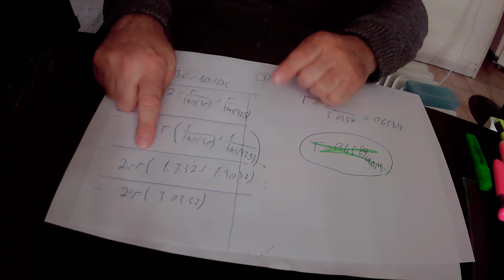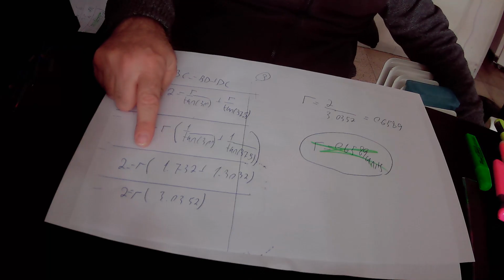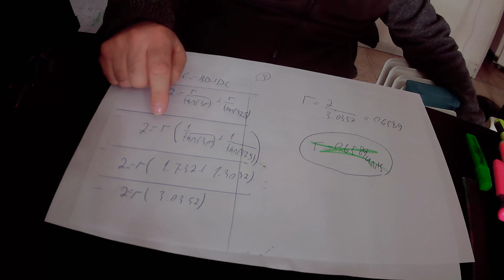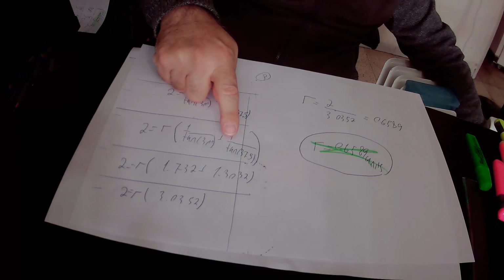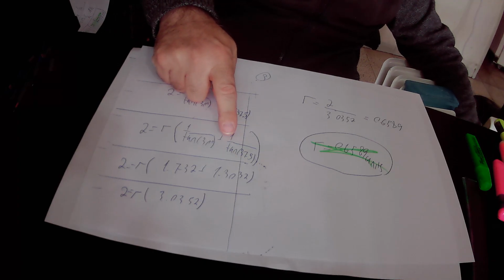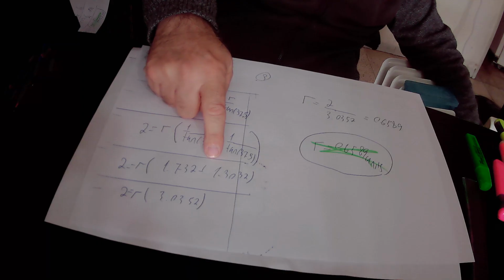So 2 equals R times the bracket, where 1 over tan 30 degrees equals 1.732 plus 1 over tan 37.5 degrees, which equals 1.3032.